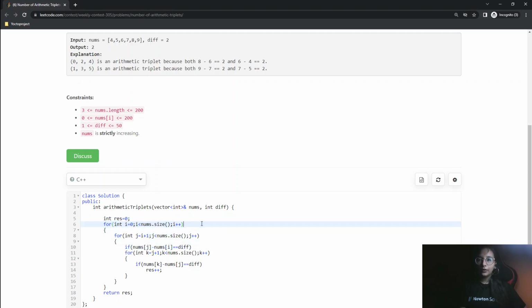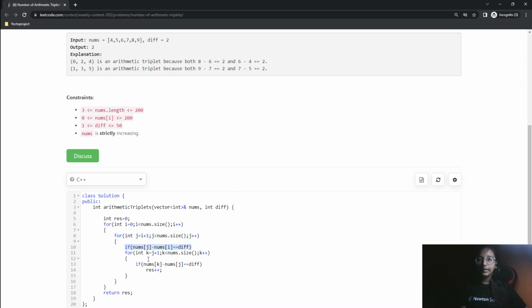The first loop is for traversing the whole array, and the outermost loop is for checking that it will stop at a particular point, and from there only it will check for other numbers. Our second loop will check just after our first loop, and it will first check whether a difference is found.